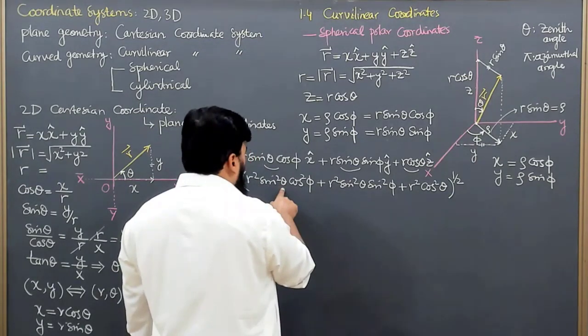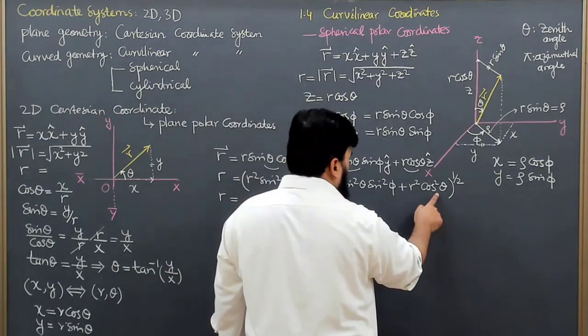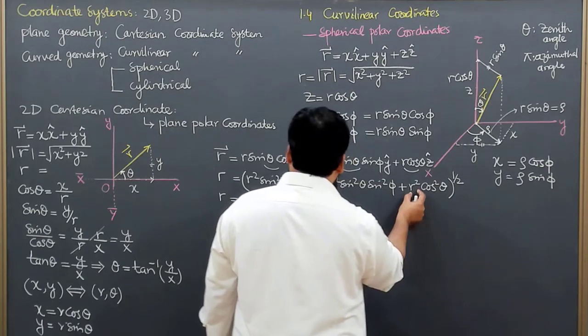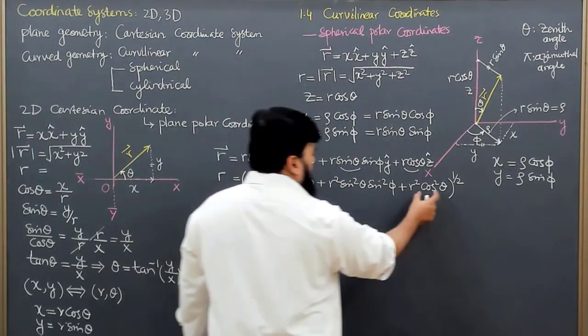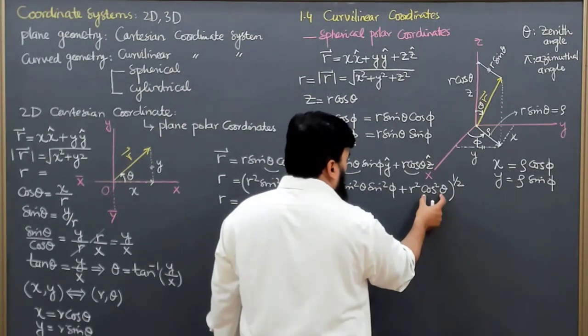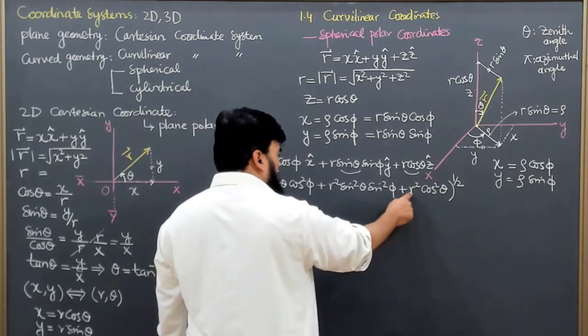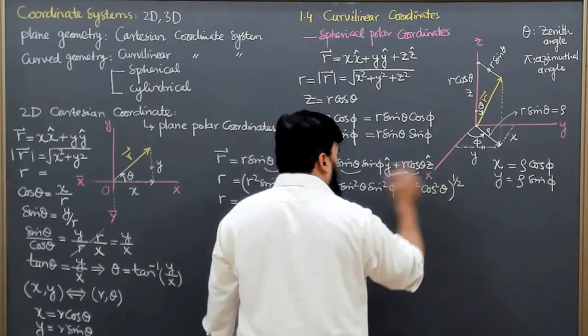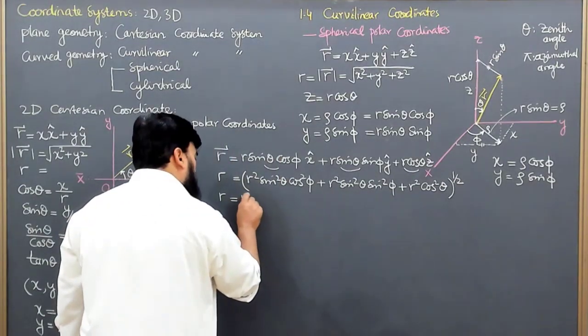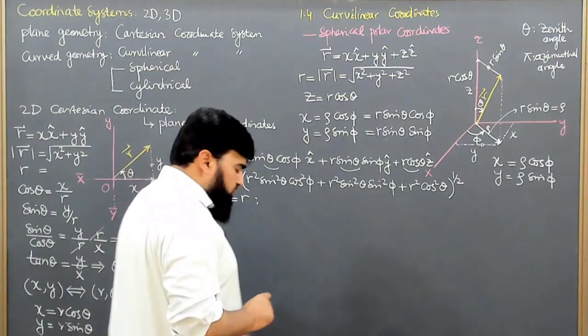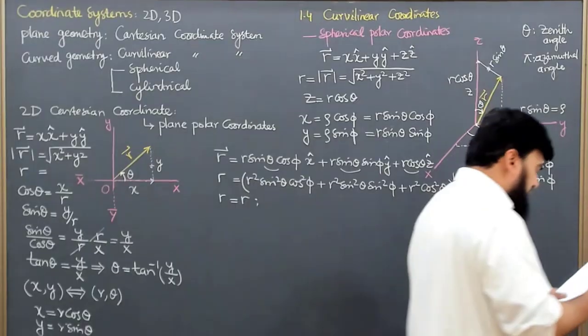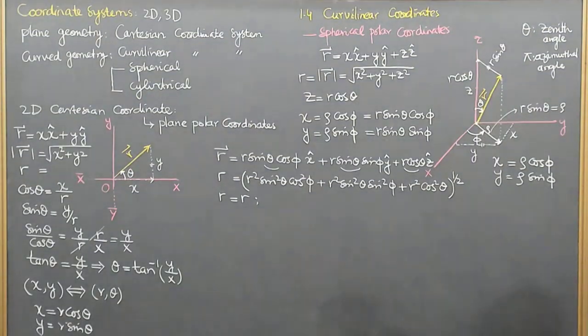So r square sine square theta plus r square cos square theta, take r square as common. So sine square theta plus cos square theta will be equal to 1, and only r square will remain here, and r square to the power half will be equal to r. It means we are right in our calculations.